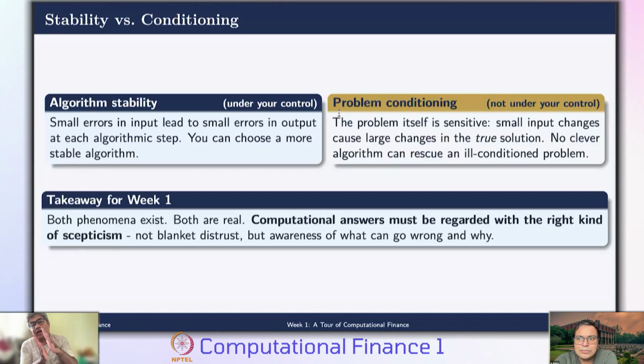Effectively I have a parallel system, parallel lines. If I have two very nearly parallel lines and I'm trying to find a solution where these two lines meet, such conditions are called ill-conditioned problems.